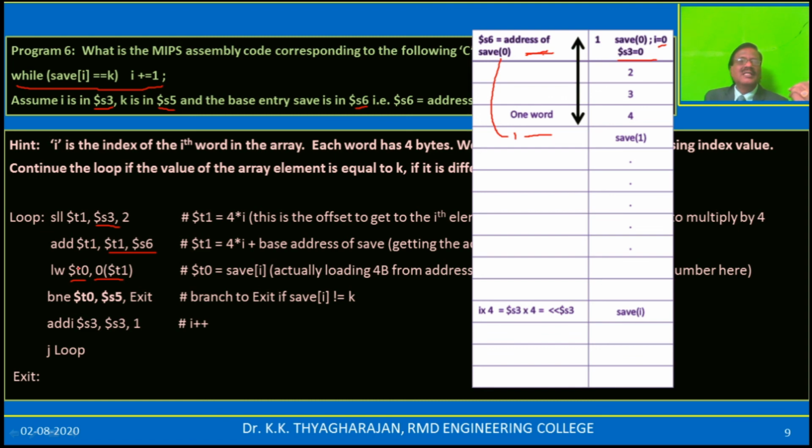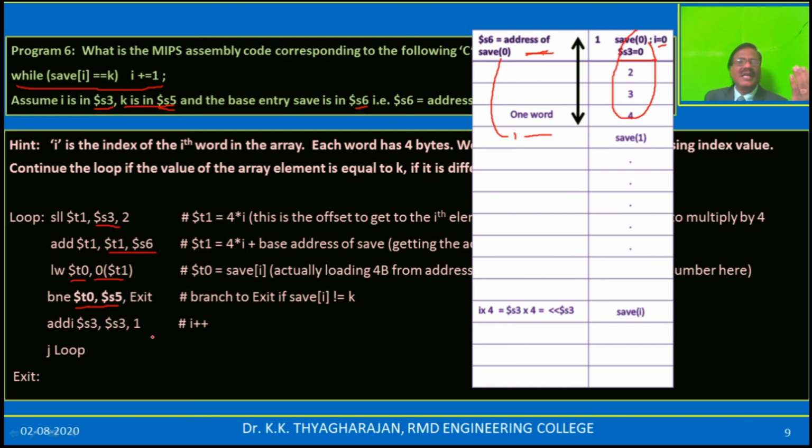In that case, T0 has the first element and $S5 has the value K. So you are comparing those two, the first value and K. If it is not equal, meaning if it is not K, then exit.